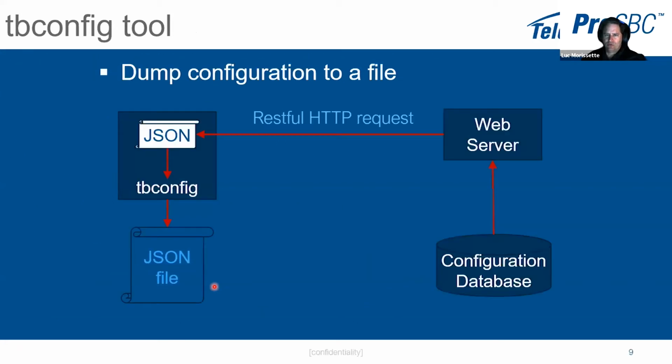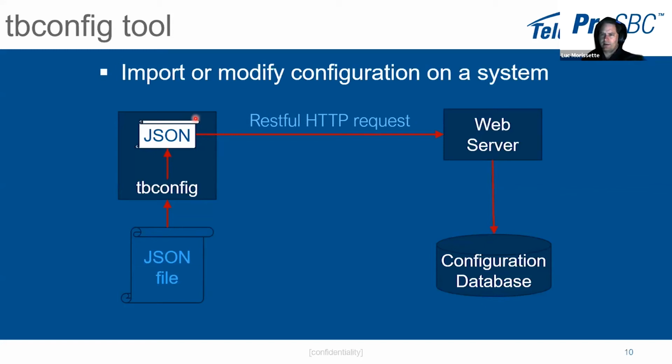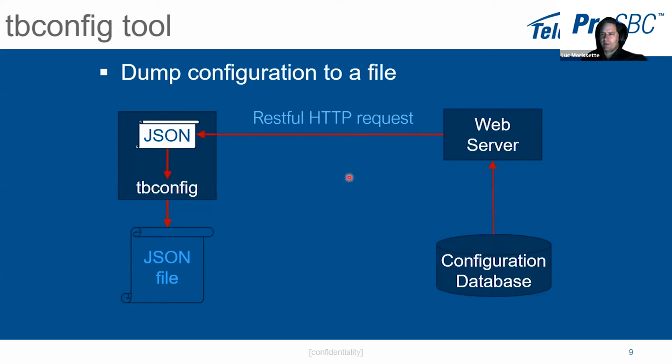One thing you can do with the TBconfig tool is read data from the database and drop it into a file. So we can use TBconfig to send a request to the web server to get all the data and store that in a JSON file.